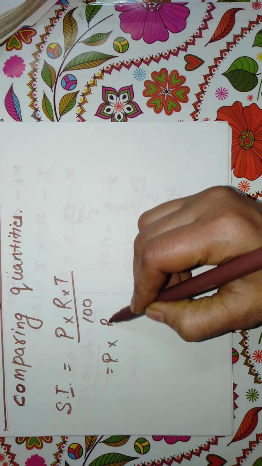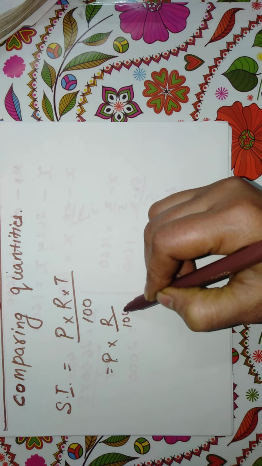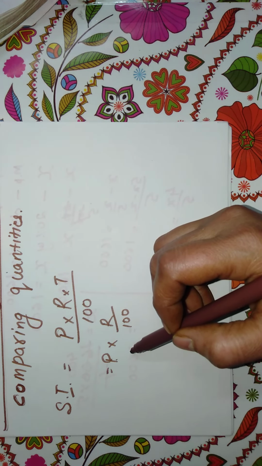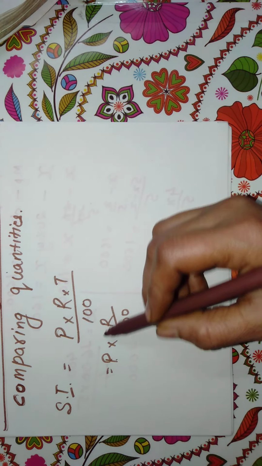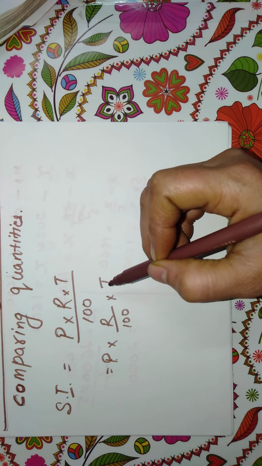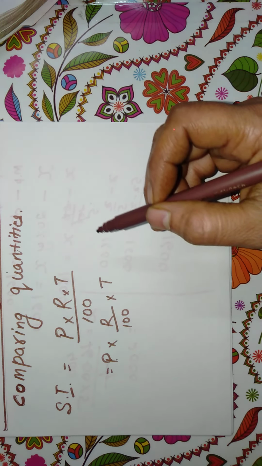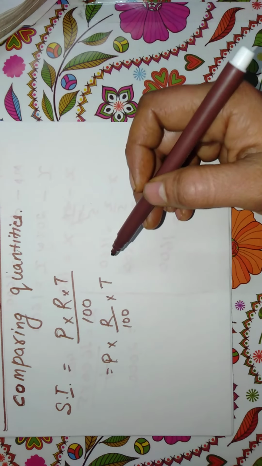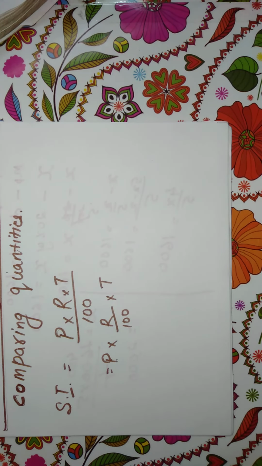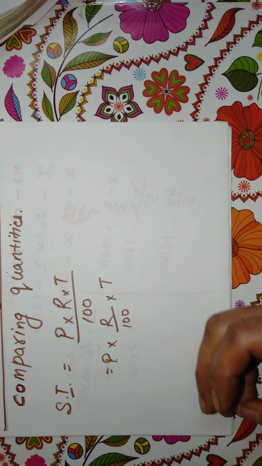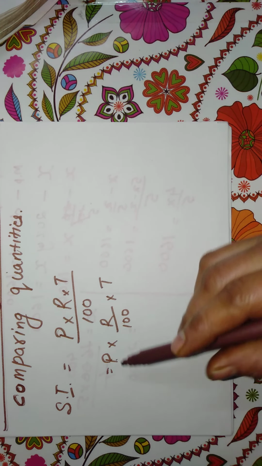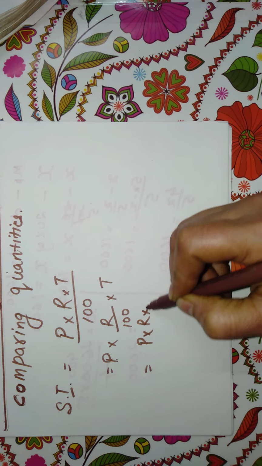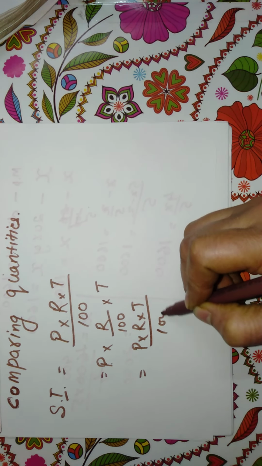The rate of interest is given, 5%, 10%, 20%, depending on the bank or the institution, and T is the time for which we have kept our money deposited there. So simple interest is equal to P into R into T upon 100.